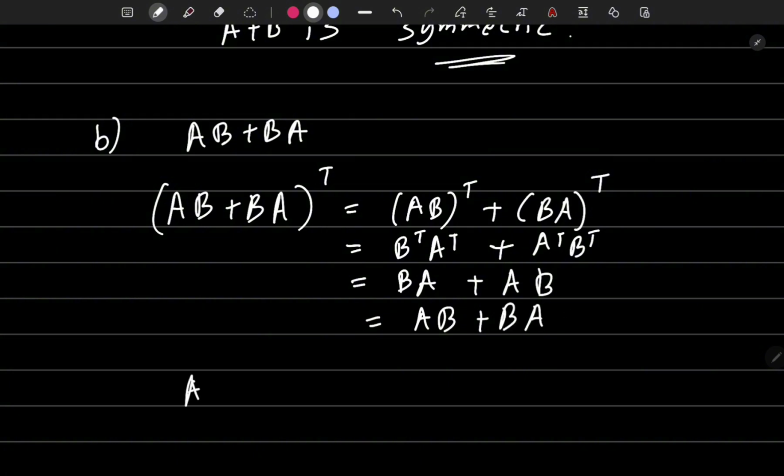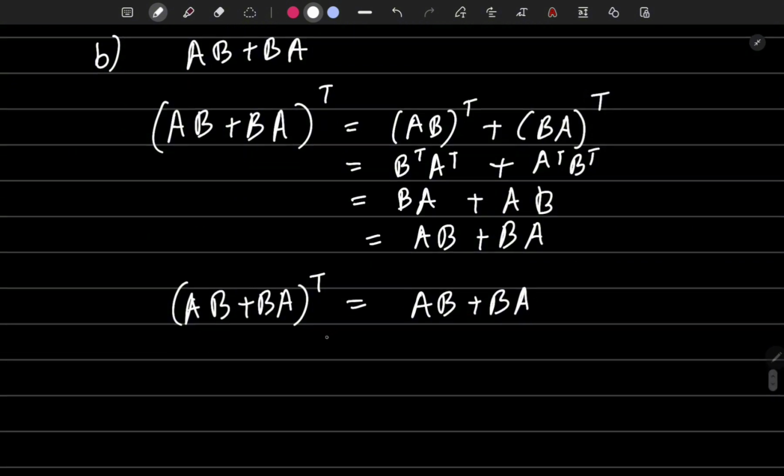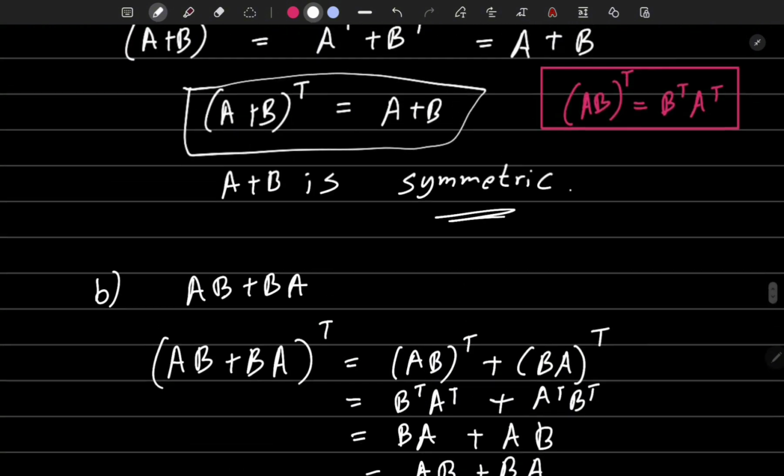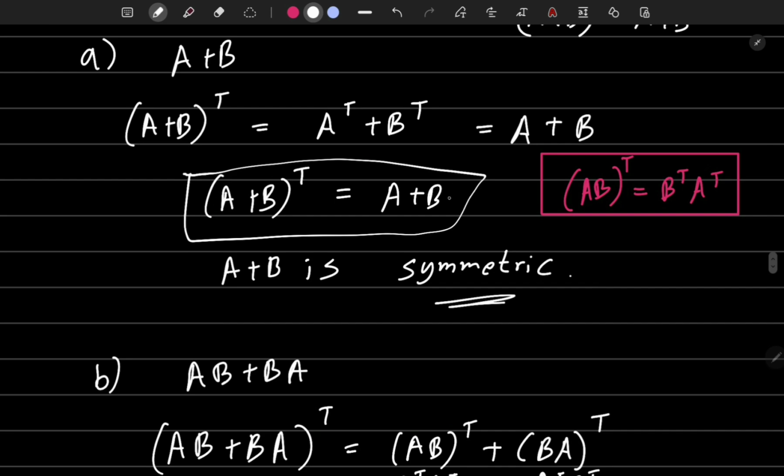So the transpose of AB plus BA is equal to AB plus BA. So I can say that AB plus BA is symmetric, according to the same argument.